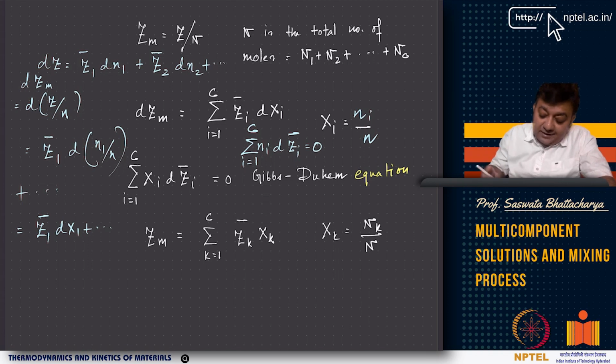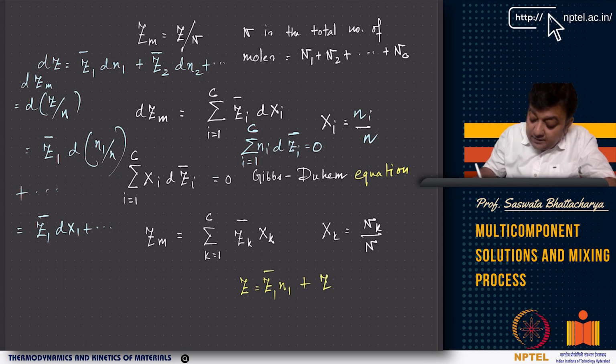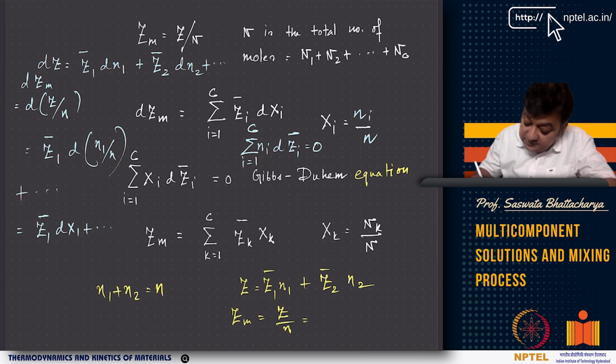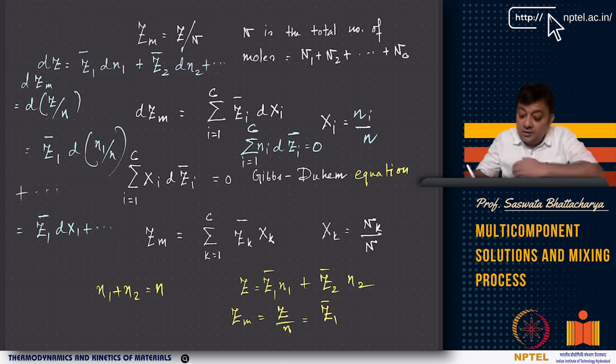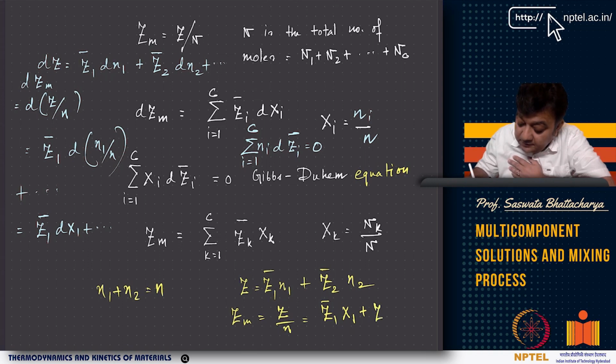If I divide by N, taking a binary with N1 plus N2 equal to N, then Zm, which is equal to Z by N, equals Z1 bar times N1 by N, which is basically x1, plus Z2 bar times x2. It is already partial molar property per mole, right?